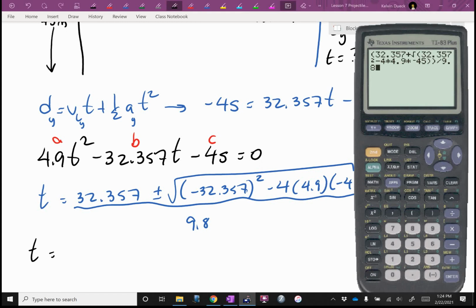Negative b plus or minus the square root of b squared minus 4ac all over 2a. Looks good.